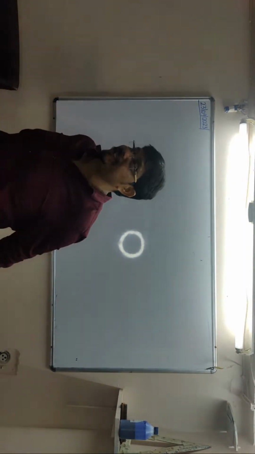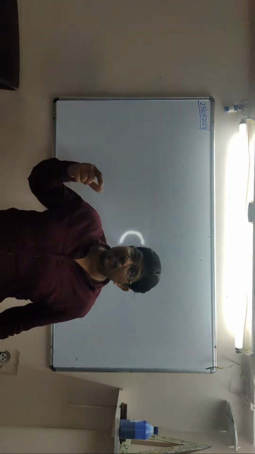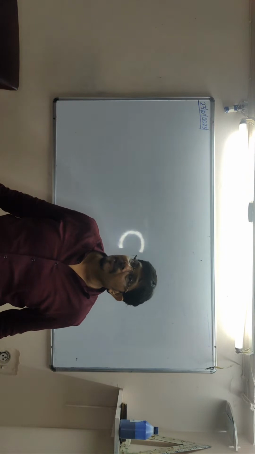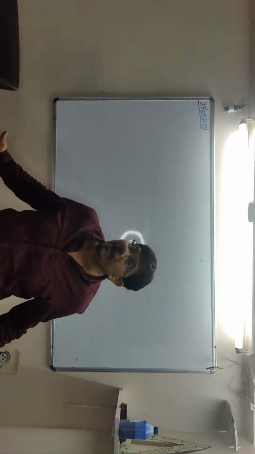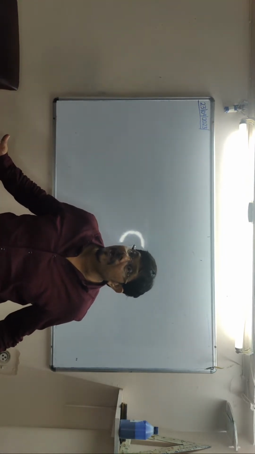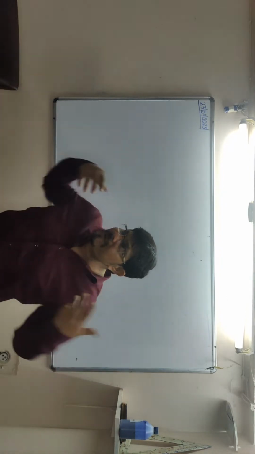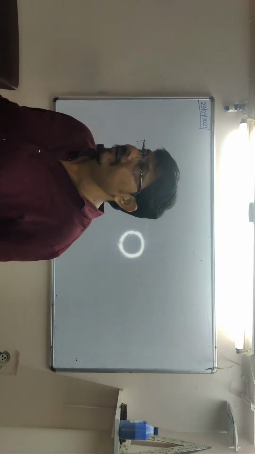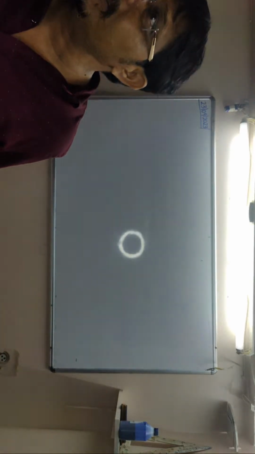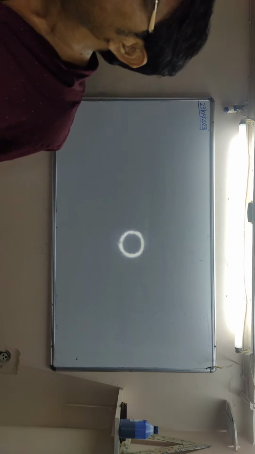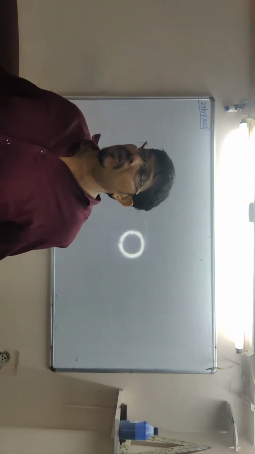But there is a condition. When the electron is ejected out, it requires a frequency more than the threshold frequency. Whatever experiment you are doing, you can do it only after the threshold frequency. Otherwise, you can't eject electrons from the metal surface.